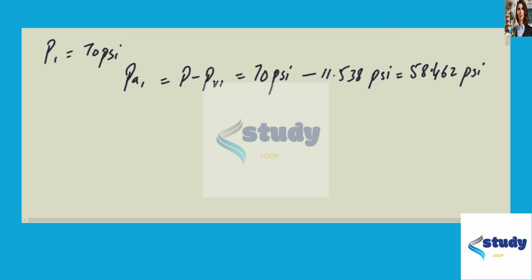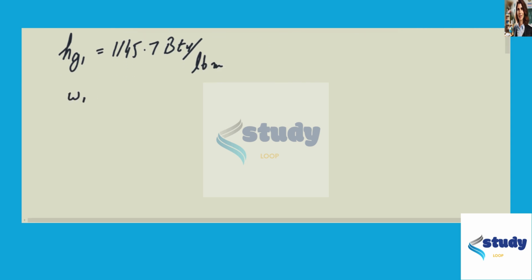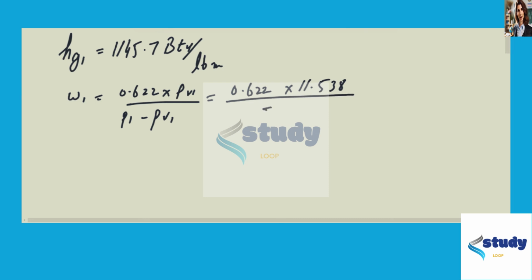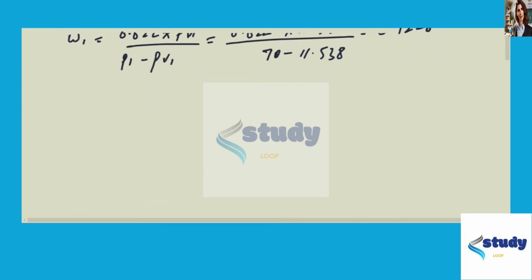We will also need the enthalpy of saturated water vapor, Hg1, which is equal to 1145.7 BTU per lbm, and W1 is equal to 0.622 into PV1 divided by P1 minus PV1, which is 0.622 multiplied by 11.538 divided by 70 minus 11.538, equal to 0.1228.